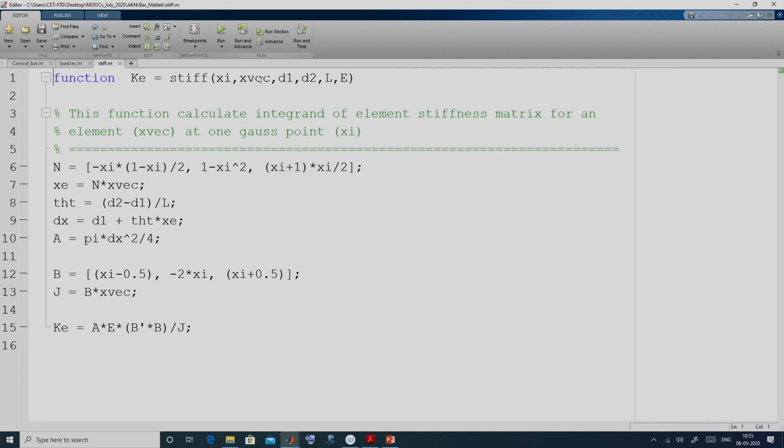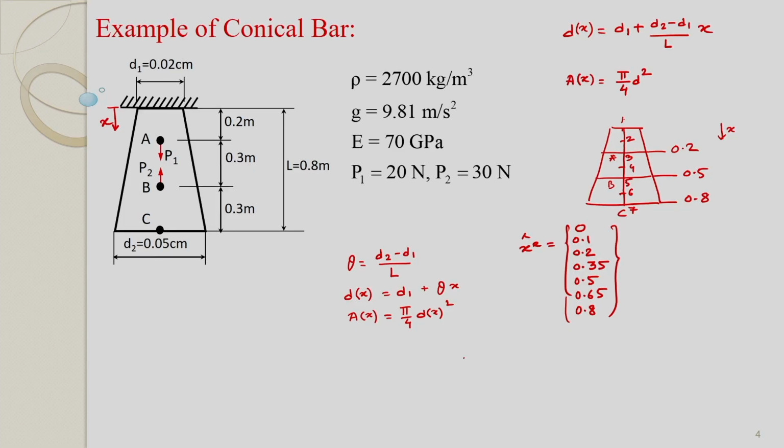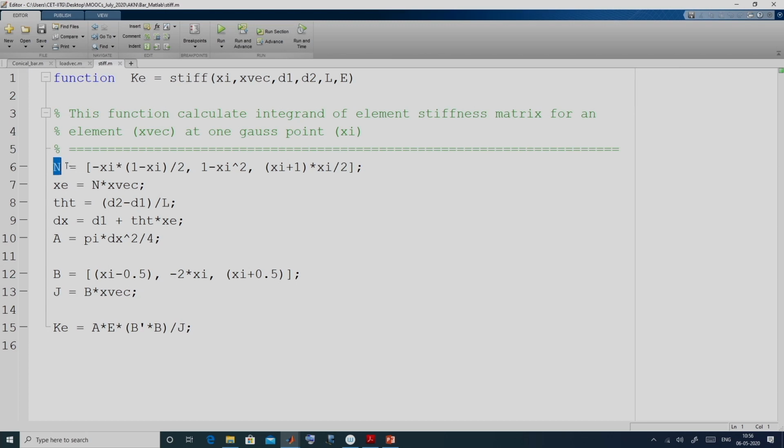Now, x vec is the coordinate of the nodes, that is, for element 1, x vec is this vector, the coordinates of 3 nodes. This is for element 1. From one element to other, this is the only variable which will change.